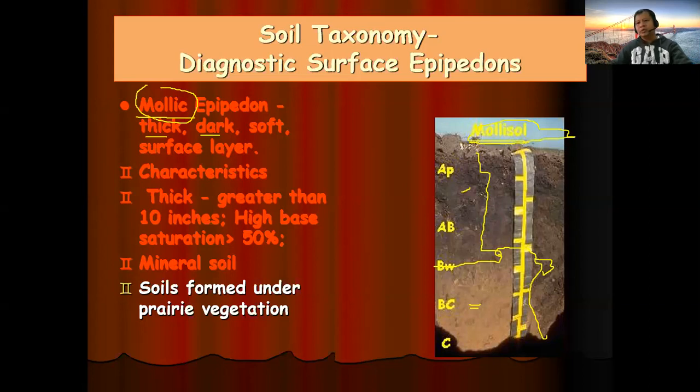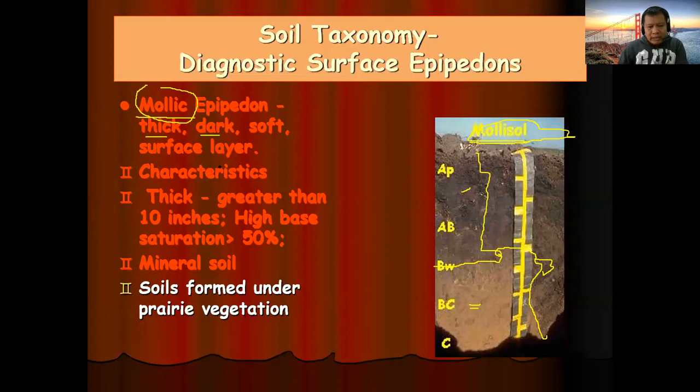Again, the distinguishing feature of the soil order Mollisol is a mollic epipedon. So whenever we can observe a mollic epipedon in an A horizon, then eventually we would classify that soil as belonging to the soil order Mollisol. Kasi mayroon ding mga soil order, no? Later on, discuss natin yan.